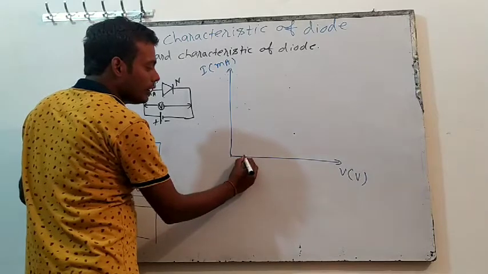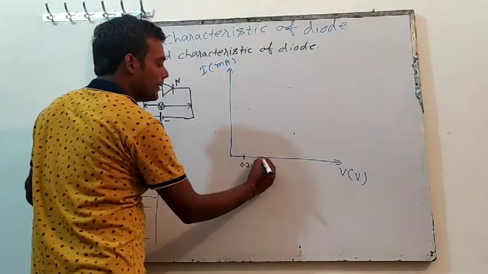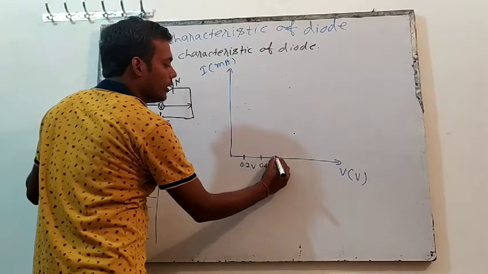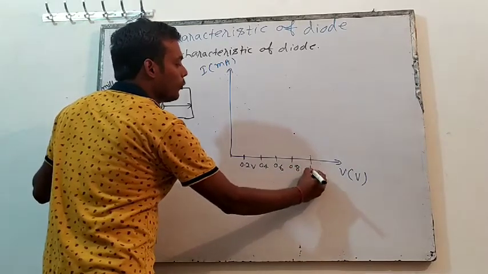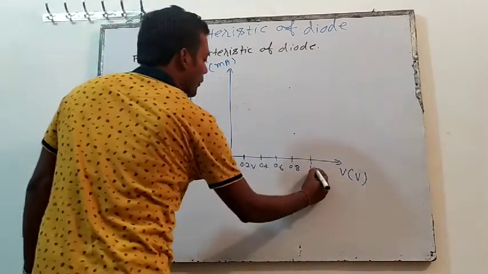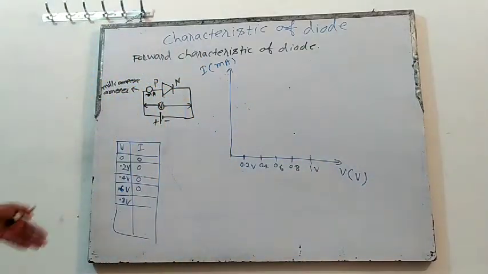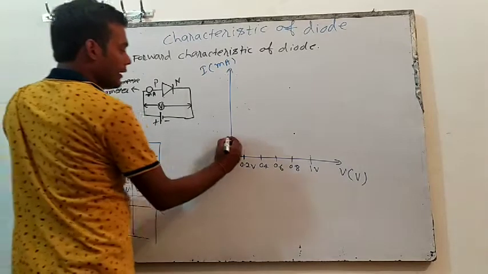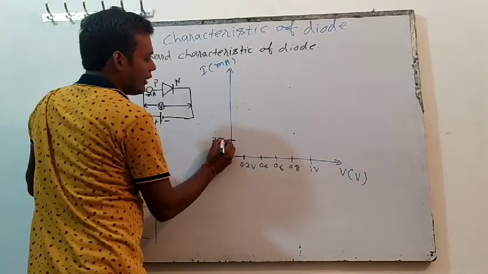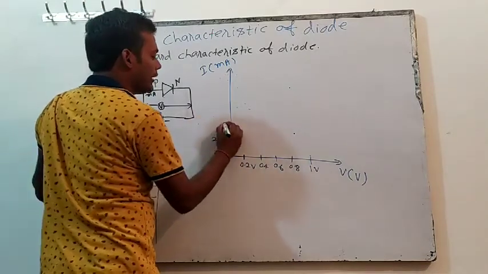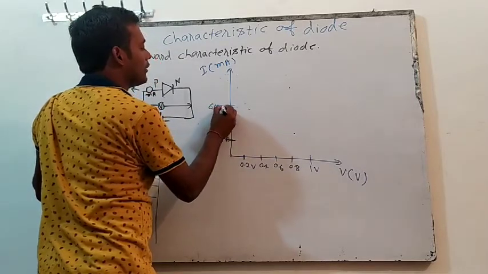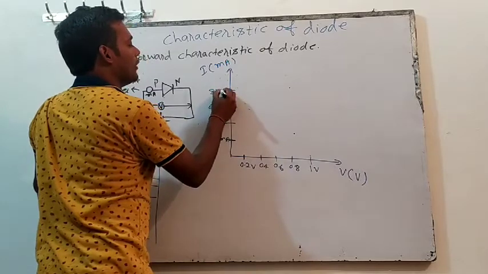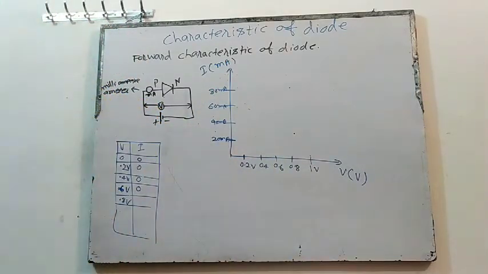This will be 0 volt, 0.2 volt, 0.4 volt, 0.6, 0.8, 1 volt. And in current we measure in milliamperes: 20 milliampere, 40 milliampere, 60 milliampere, 80 milliampere, like this it will go on. In the NCERT book also this graph is given.